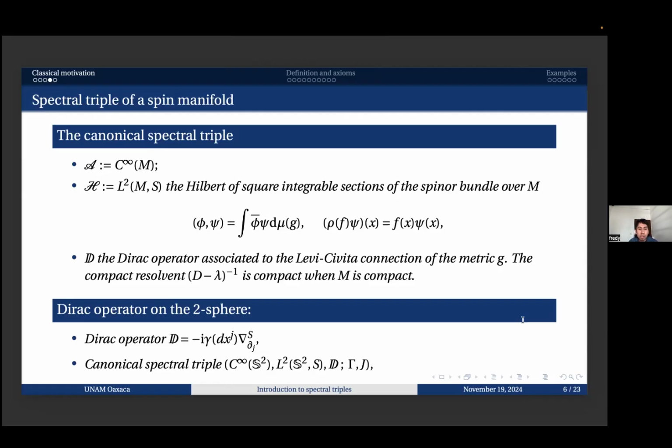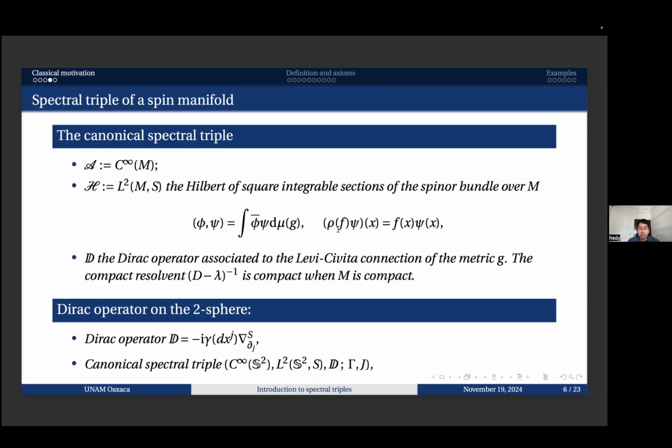The Hilbert space is the Hilbert space of square integrable sections of the spinor bundle, where the inner product is defined by the integral of functions using a measure induced by the metric of the manifold.